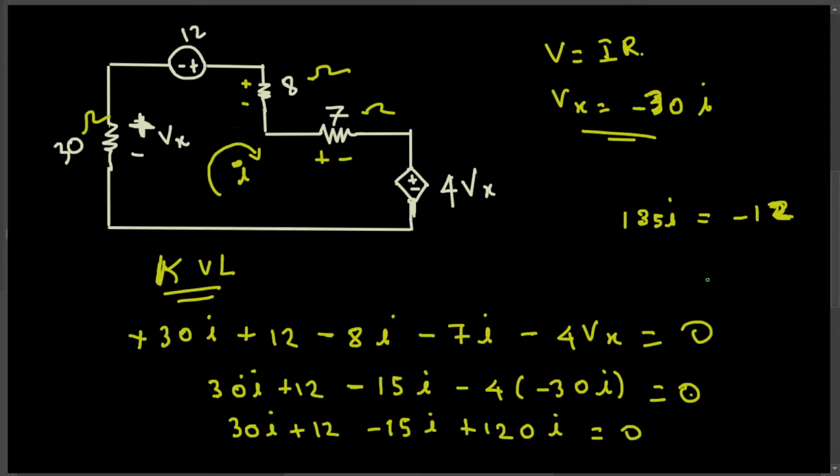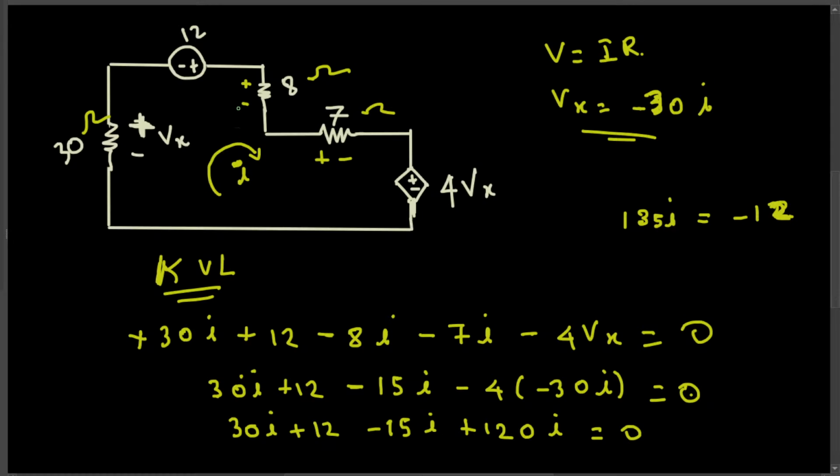let me double check if I'm doing this right. So first we have this one minus to plus. Okay, minus to plus 30i.